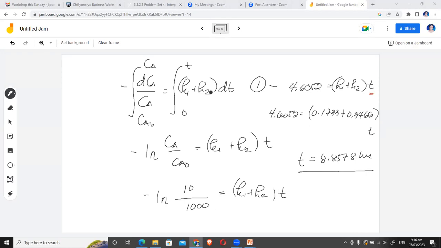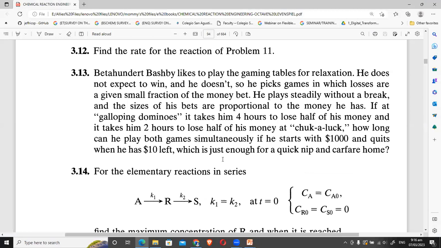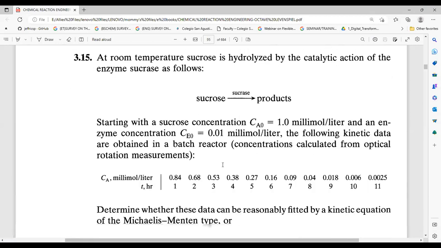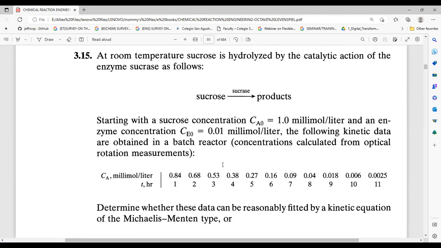On Thursday class, I'll give you one example. I'd like to go back to Levenspiel, where we have differential analysis together with homogeneous catalyzed reaction, the one I've shown to you a while ago. This one, 3.15. At room temperature, sucrose is hydrolyzed by the catalytic action of enzyme sucrase.